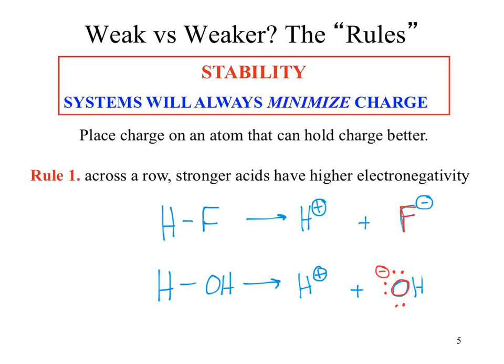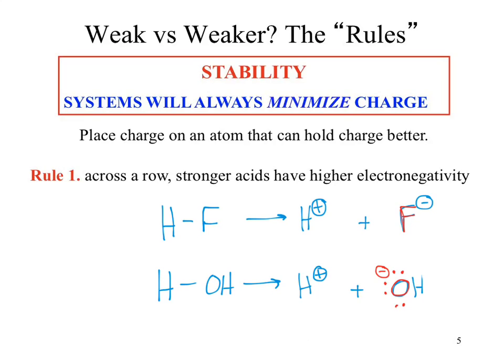So as far as what you need to be able to do with this, you can go through and reason your way through it all the way back to our basic principles. Or we can go back to what I've labeled as rule number 1, which I think is how your textbook shows it, but I prefer a different order. Across a row.